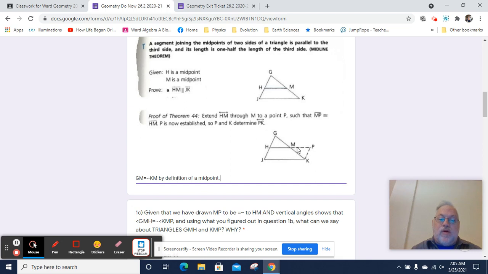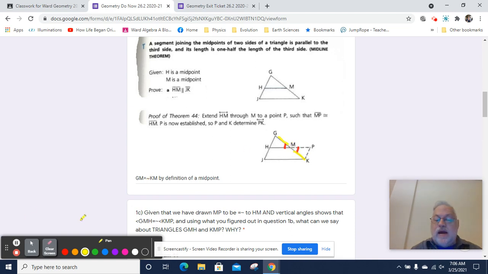Now, we've established that this is congruent to this by vertical angles, and we've established that this is congruent to this. So this is for 1C. We've also established GM and KM are congruent by definition of a midpoint, and we intentionally drew MP and HM so that they are congruent.